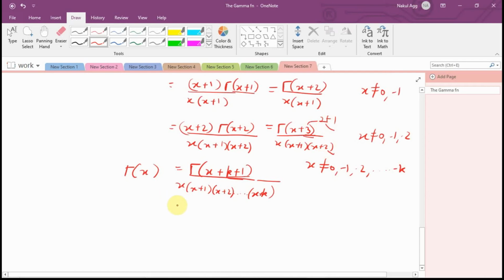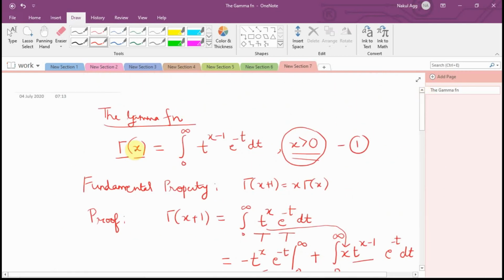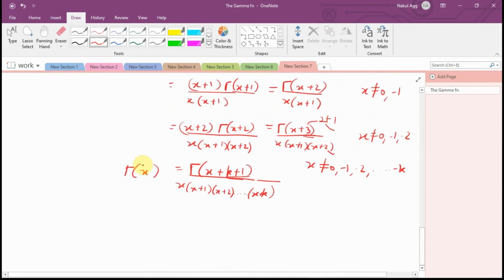Now, as we have already stated in the definition of the gamma function, the argument, if you remember, must be greater than 0. So we are going to apply the same thing here. This x plus k plus 1 must be greater than 0.